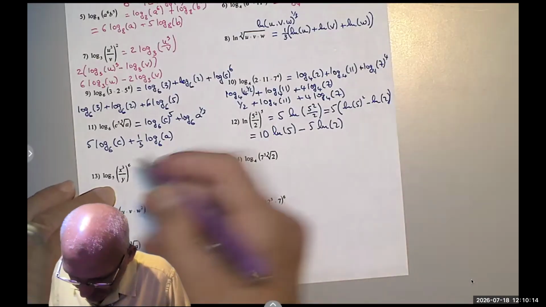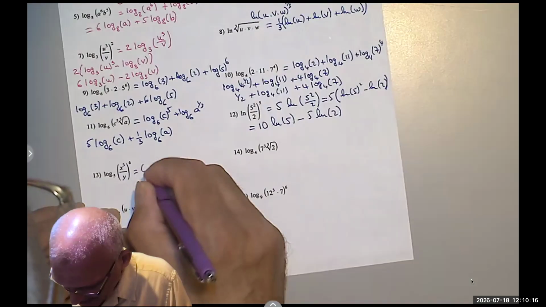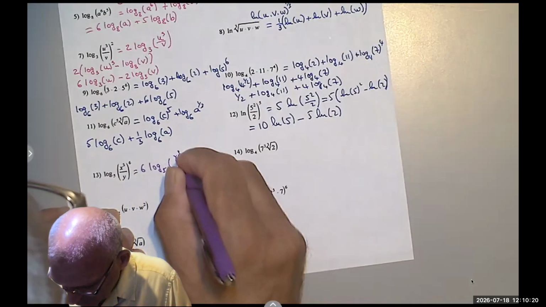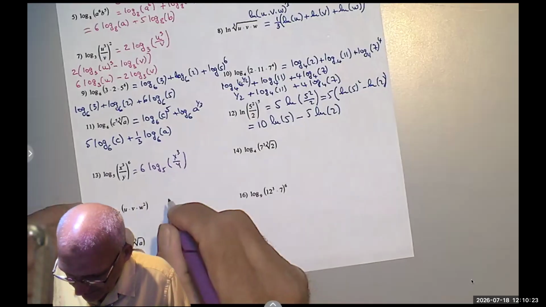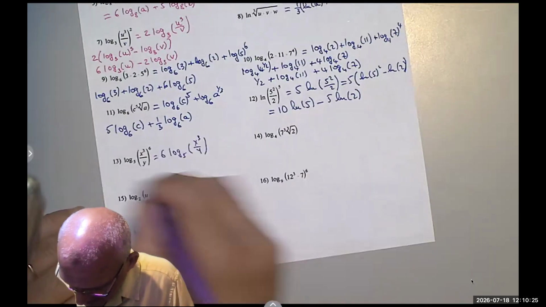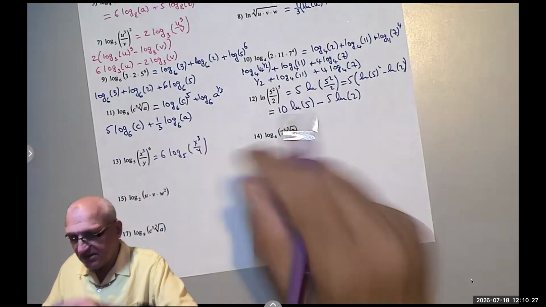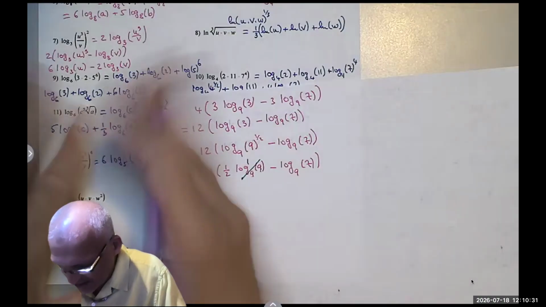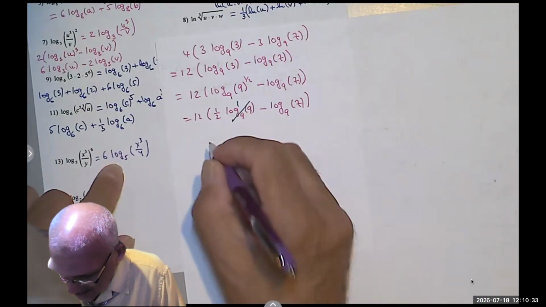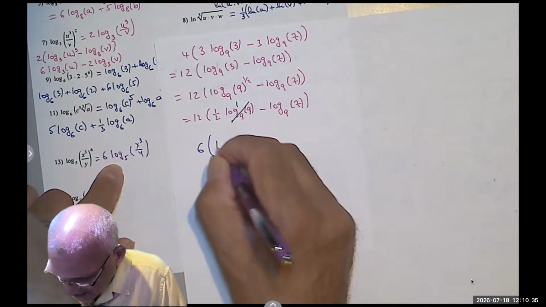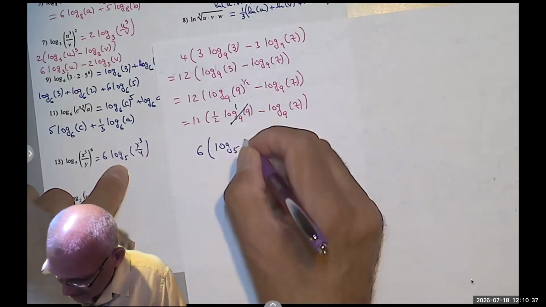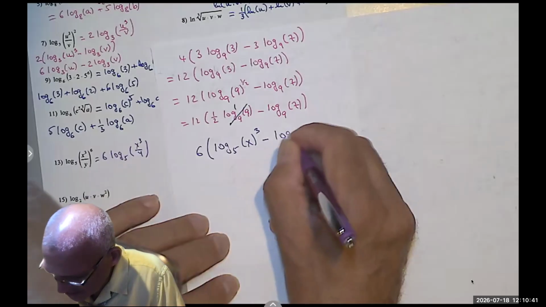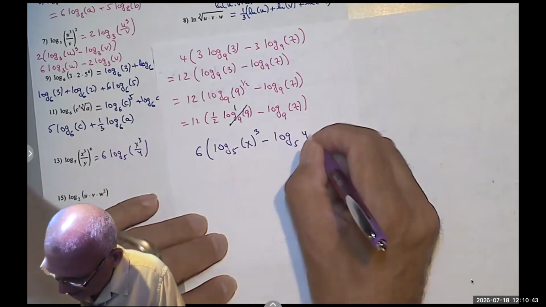Log to the base 5. First of all, the 6 becomes a multiplier, so you get 6 log to the base 5 of x cubed over y, which is, can you write it here again to save space because I don't want it to be very cramped. 6 log to the base 5 of x cubed minus log to the base 5 of y.